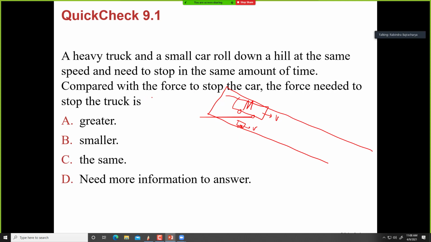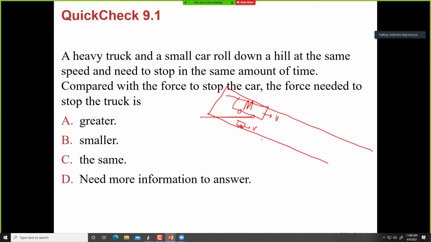Compare the force needed to stop the car with the force needed to stop the truck. Which one would be greater? It's not a tricky question. You should know this even by using your common sense.